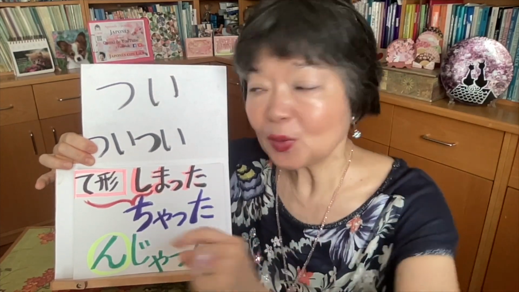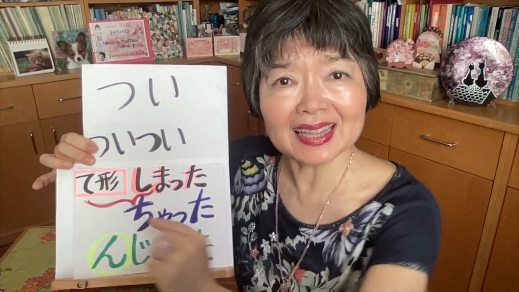Unintentionally, by mistake, on an impulse, these adverbs are very, very useful. つい or ついつい. You can also translate into English like this: I couldn't help doing this verb, doing this.